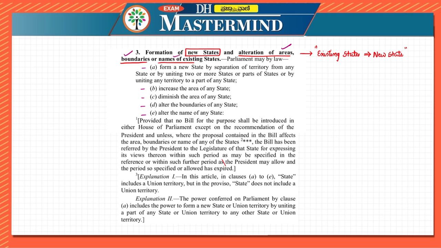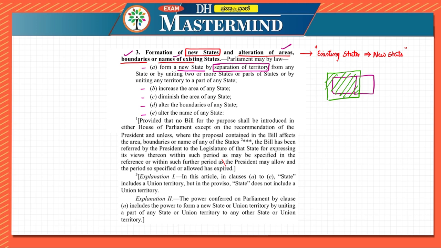In Article 3a, they are saying that there can be formation of a new state by separation of territory. There is an existing territory over here, and an existing territory over this place also. Maybe we can separate this particular territory and add it to this particular state. So this can be a new state, correct? It is formed from the existing state itself.